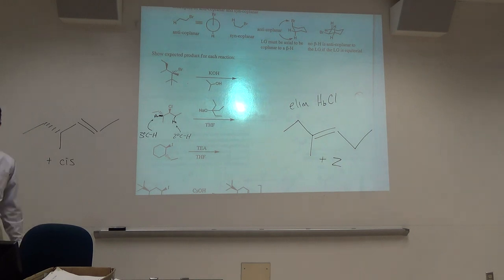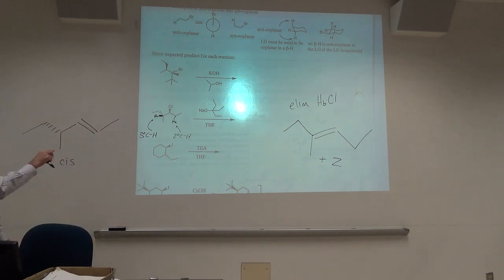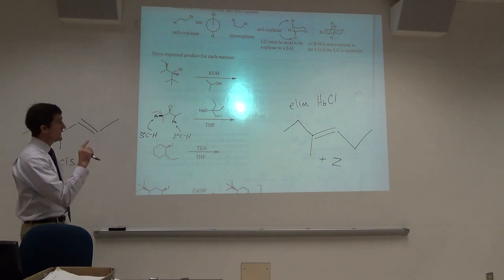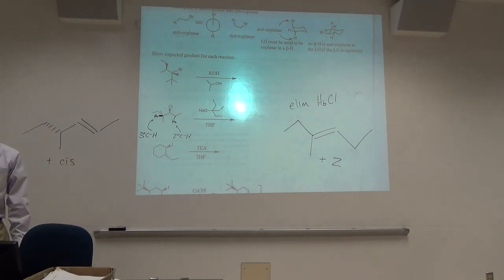So I have to give you some information. I can't just say, show me the product. I might ask you this. Show me the Zaitsev product for this reaction. What's your answer?